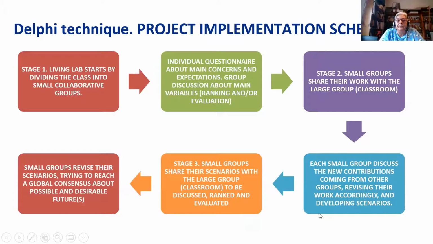Then the small groups revise their own view, incorporating the views of the others, and start to create scenarios. And finally, those scenarios were again shared with the whole classroom to get consensus.